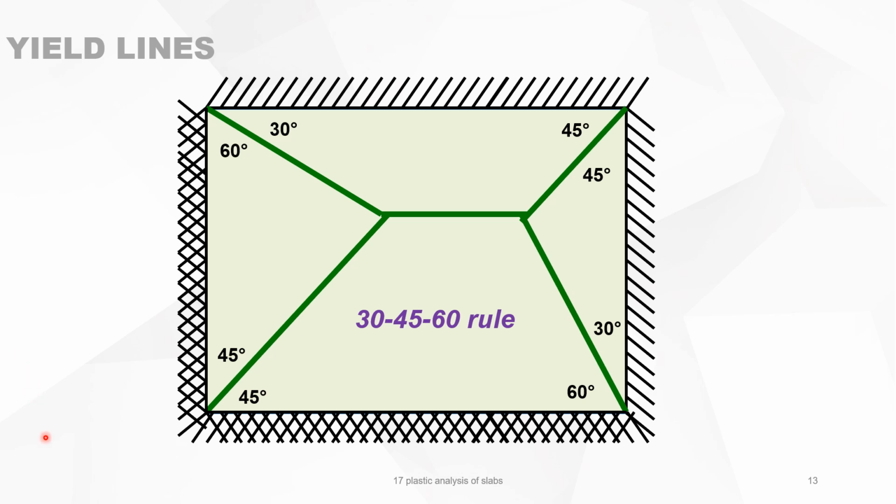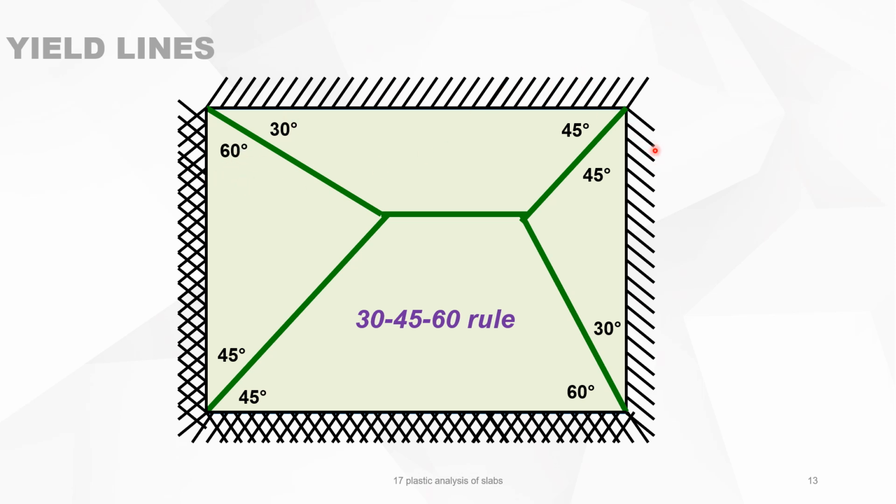There are some rules, the 30, 45, 60 degree rule, when there is a simply supported edge coming together with the fixed edge or clamped edge. When this occurs, then the angle will be 30 degrees and 60 degrees, like it's mentioned here on the drawing.